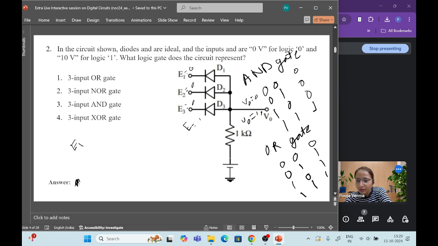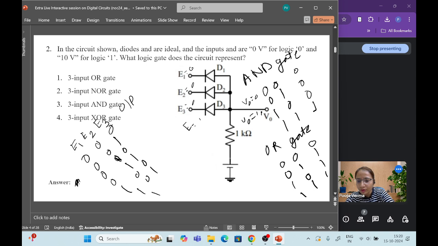E1, E2, and E3 and the corresponding output. The input combinations are 000, 001, 010, 011, 100, 101, 110, and triple 1.